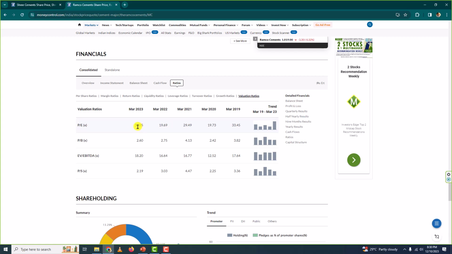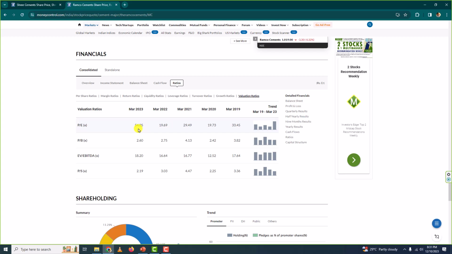Now this is almost equal to the sector PE, correct? So we cannot say this is overvalued or undervalued. This is worth the price. Now, just because the PE ratio is near the sector PE ratio, it doesn't mean it is good, it doesn't mean it is bad. You'll have to look at other ratios too, other things too.